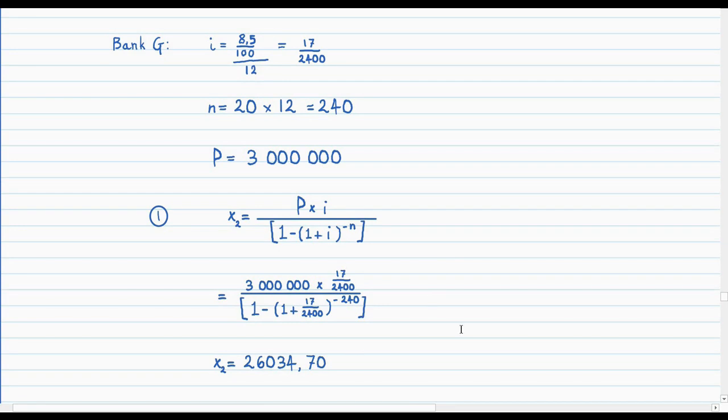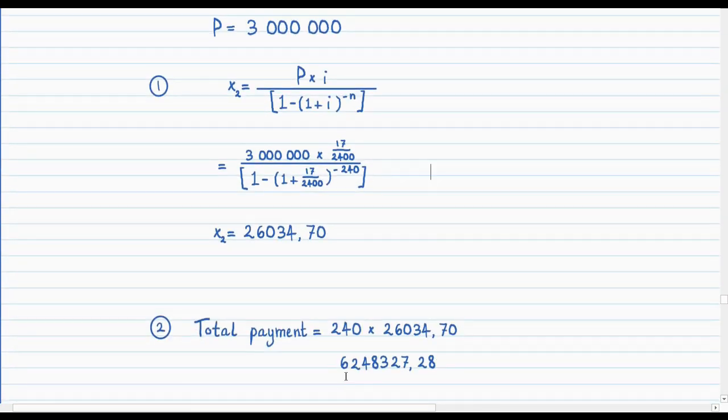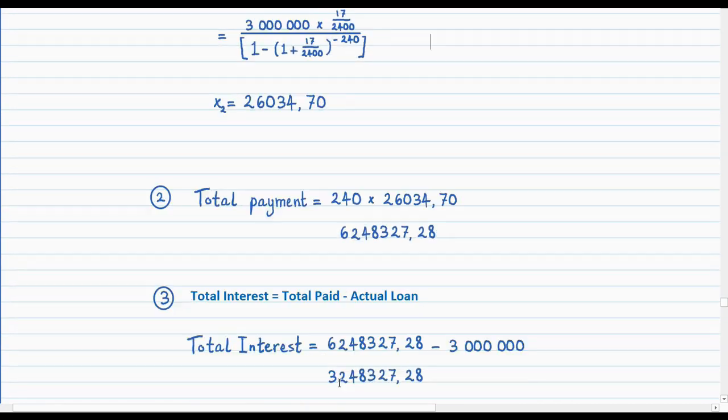Then the total payment is 6,248,327 Rand and 28 cents. And the total interest is 3,248,327 Rand and 28 cents. So the interest paid for Bank G is also more than the loan amount of 3 million, but it's not as bad as the previous bank, whose interest was around 4.9 million.